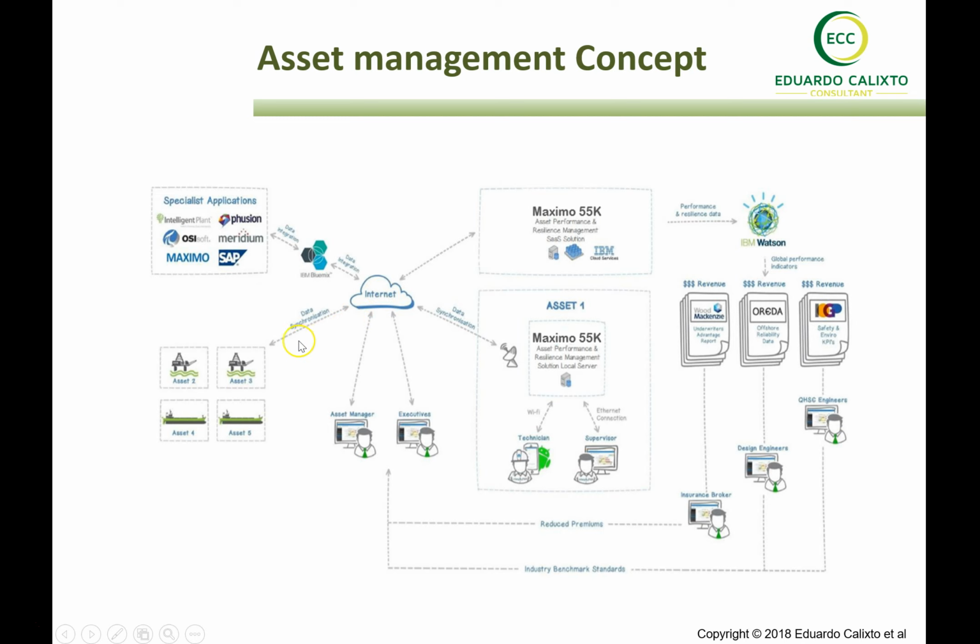Okay. The point is, if we have different systems, one system that sends information to the cloud, another system that only the maintenance group has access to, the managers and the executives would need to access two different systems to get the information.